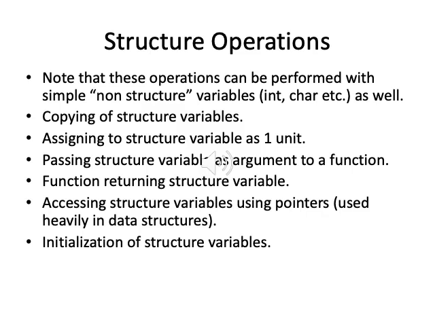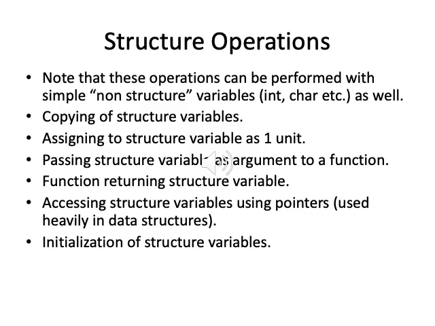Next is accessing structure variables using pointers. We looked at this for regular variables, how we can manipulate them indirectly using pointers. Similarly, using pointers, we can manipulate structure variables as well. This is going to be used very heavily in data structures, so we'll come to that and discuss it. And the last one is initialization of structure variables.